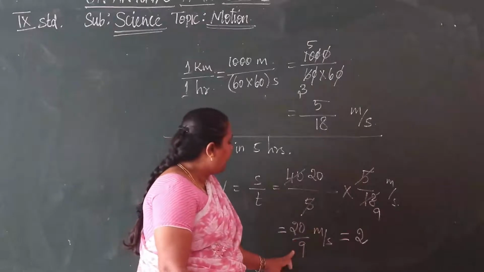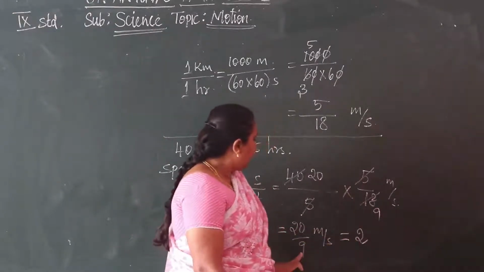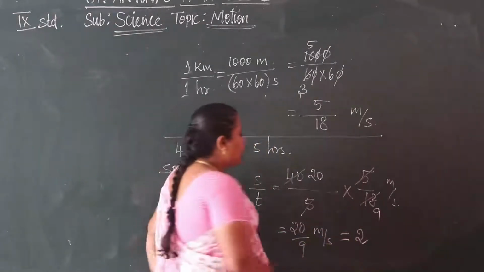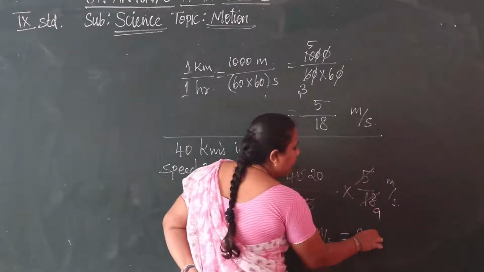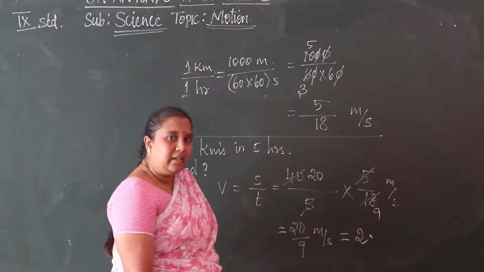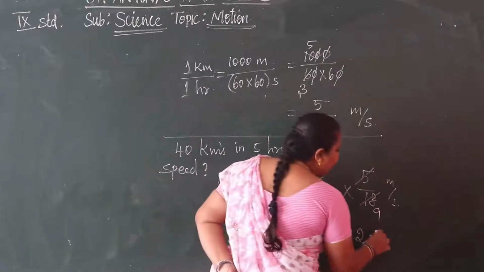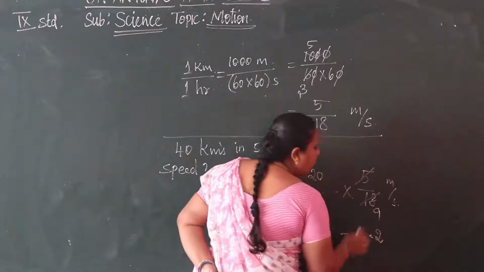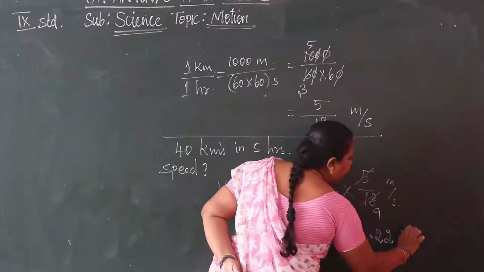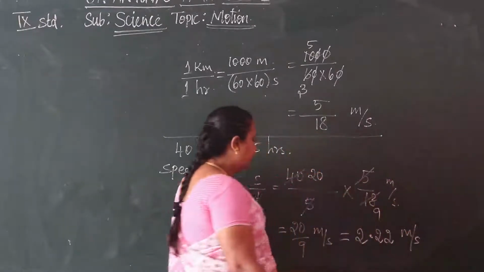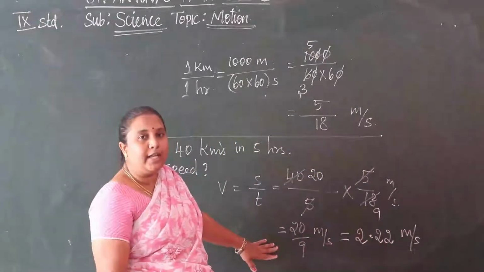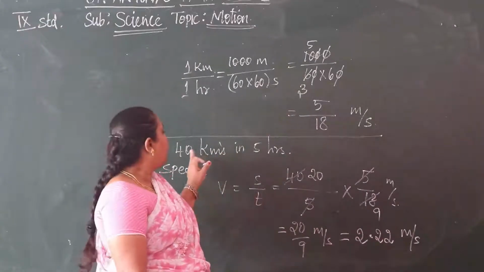So 20 by 9: 2 9s are 18, balance 2. So we keep a dot here, and then again 20, 9 2s are 18. Again it moves on. So meter per second. So what is the speed of the body traveling 40 kilometers?